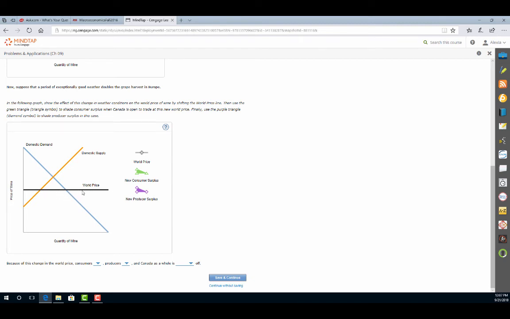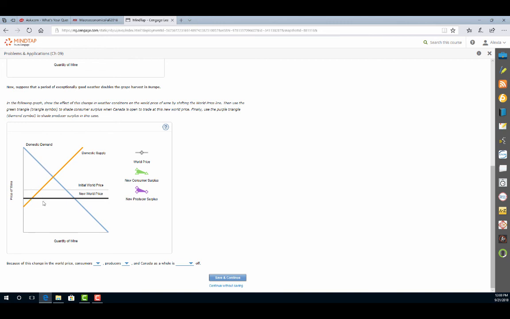So just to get you going on this question, you're going to left click on this world price line, and you're going to have a new world price that is lower than the initial world price. And you're going to do the same things that you were doing in the previous question. You're going to use these areas to demonstrate what has happened to your consumer and producer surplus with this new world trade. So, quick reminder, consumer surplus is the difference between what consumers are willing to pay and what they would pay.